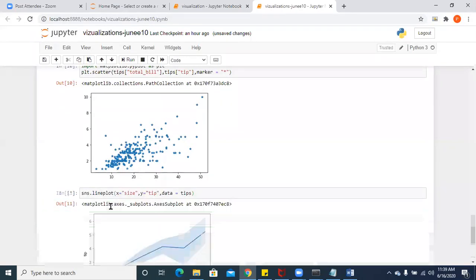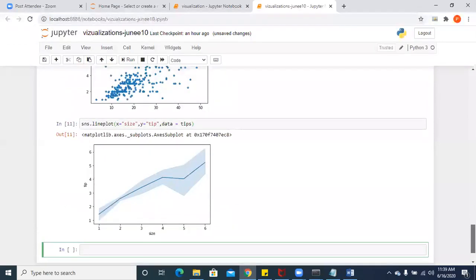Just execute this. Now can you please tell me the relation between size and the tip? Both are plotting libraries only. Seaborn is mainly built on matplotlib, so you can use both for visualizations. There is no difference with that.